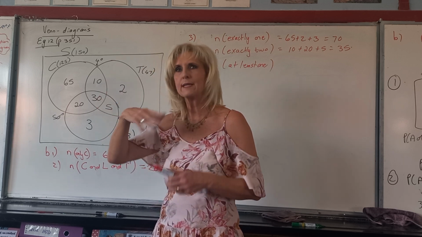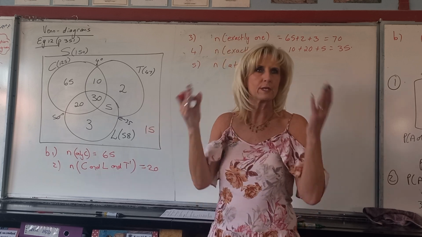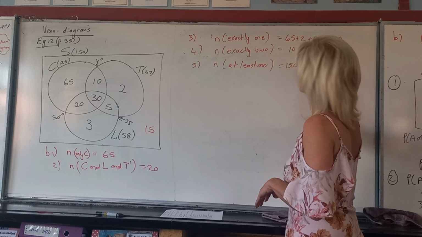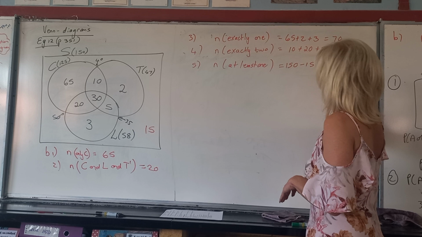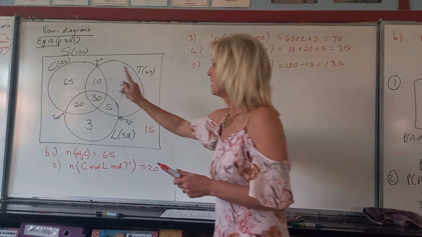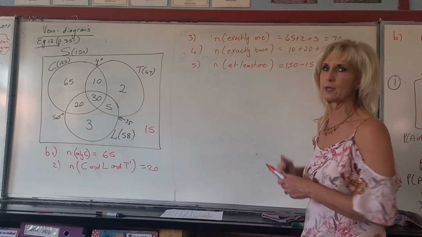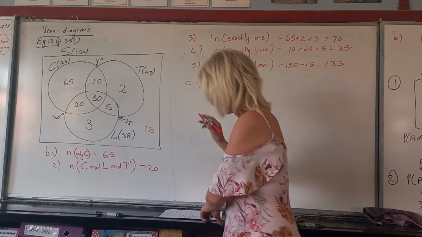So isn't it easier then to say everybody except? Different ways of thinking about it. So how many of them would have been? 150 minus the 15. Any which way you do it, you got to the 135. So if you had said plus, plus, plus, everything inside the circles, you would have also gotten to 135.